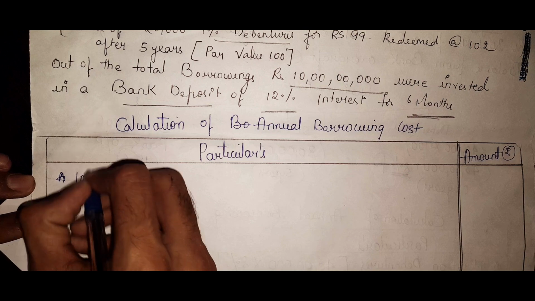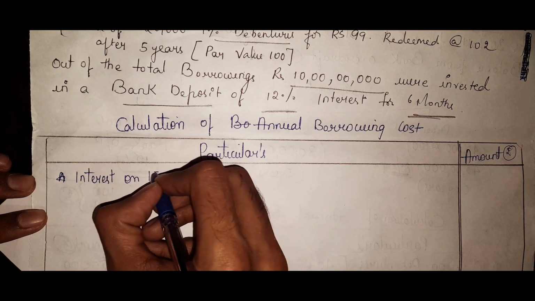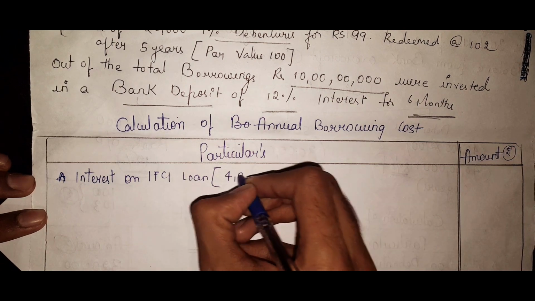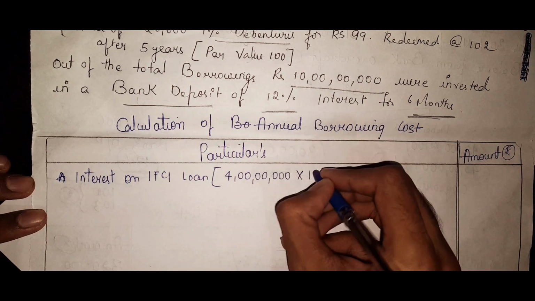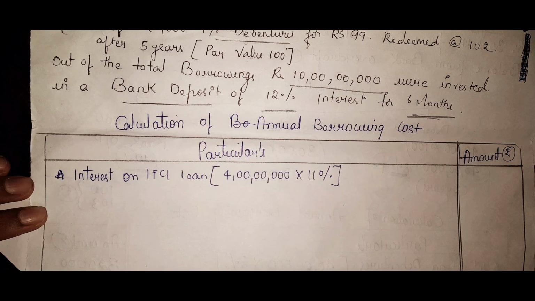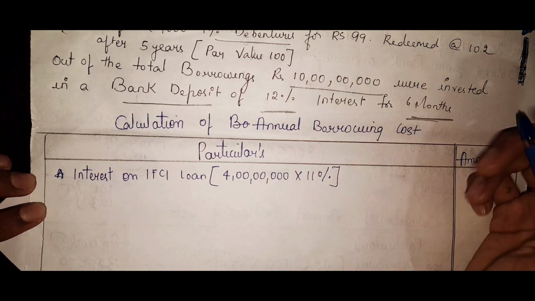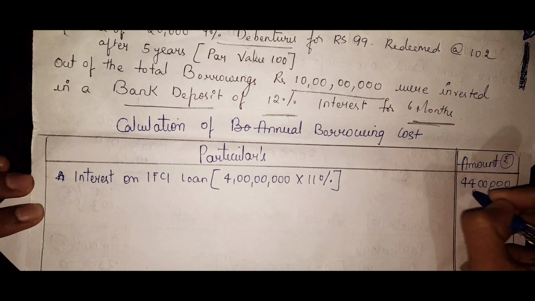Interest on IFCI loan: total 4 crores into 11% is the interest. So 4 crores into 11% means it will be 44 lakhs.